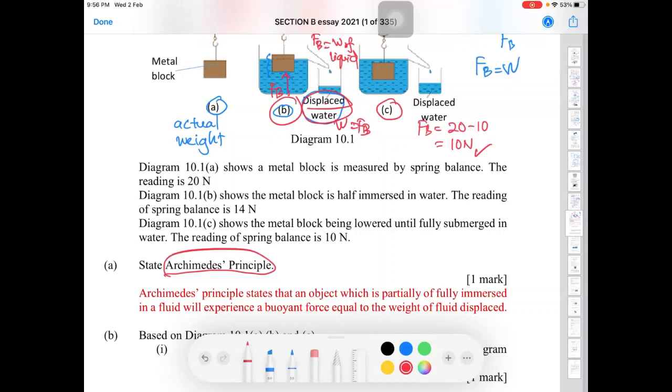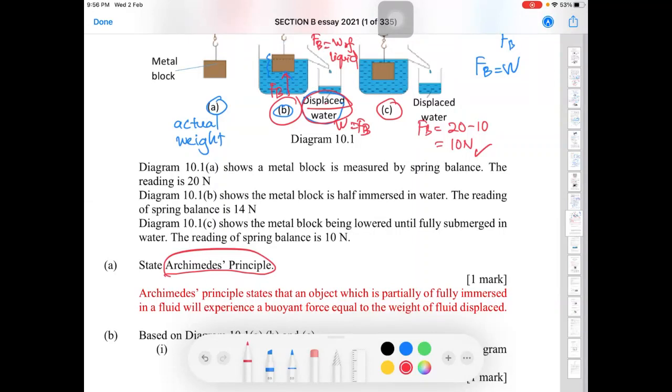Okay, when the question kata state Archimedes Principle, state Bernoulli Principle, ayat-ayat kamu tu mesti ayat-ayat from the buku teks. Dan dia mesti bermula dengan Archimedes Principle states that apa?